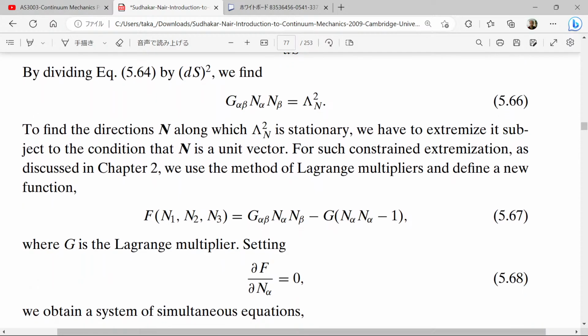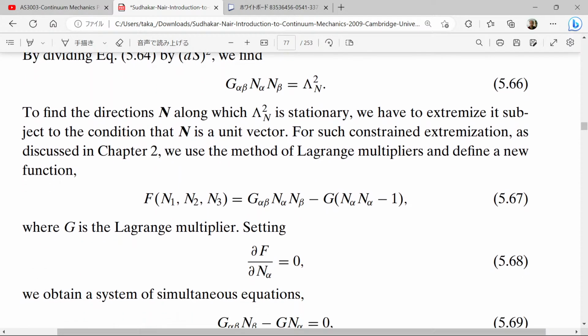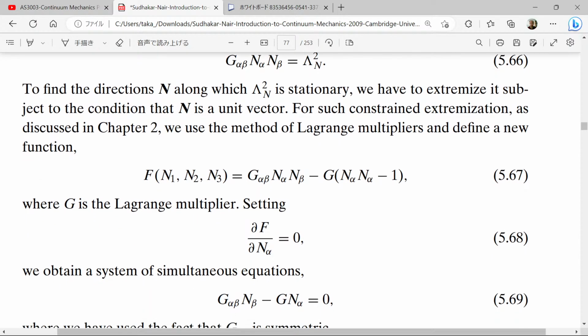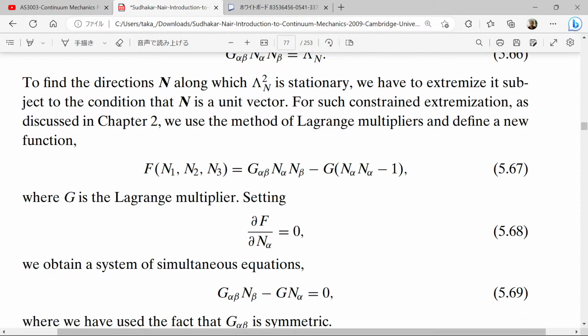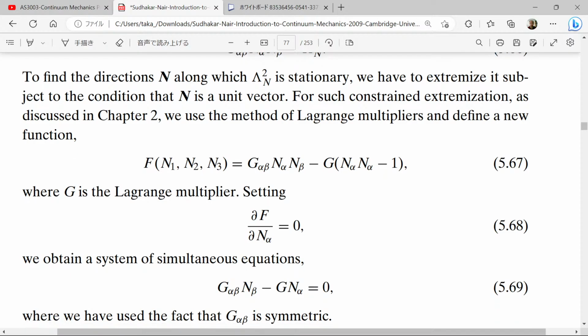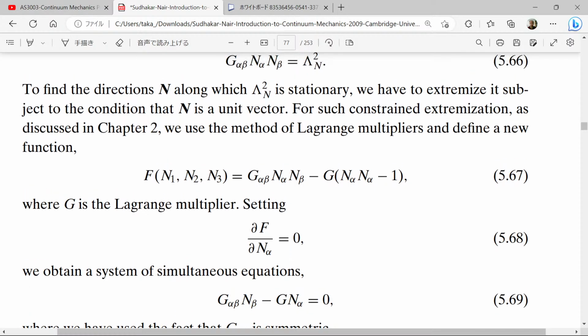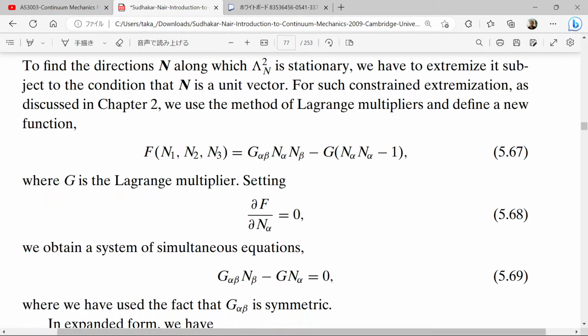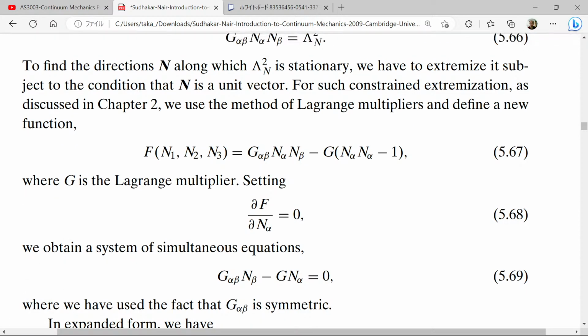To find the directions n along which lambda n squared is stationary, we have to extremize it subject to the condition that n is a unit vector.